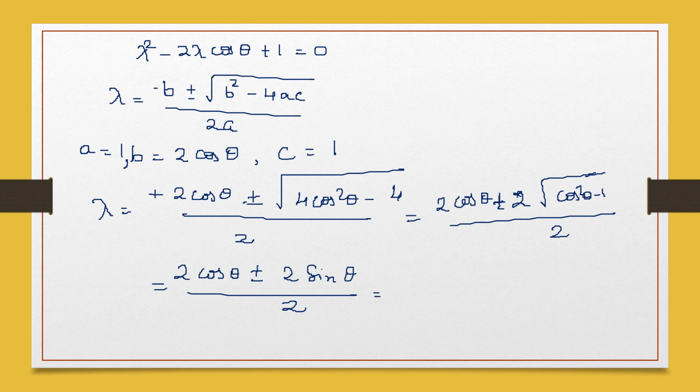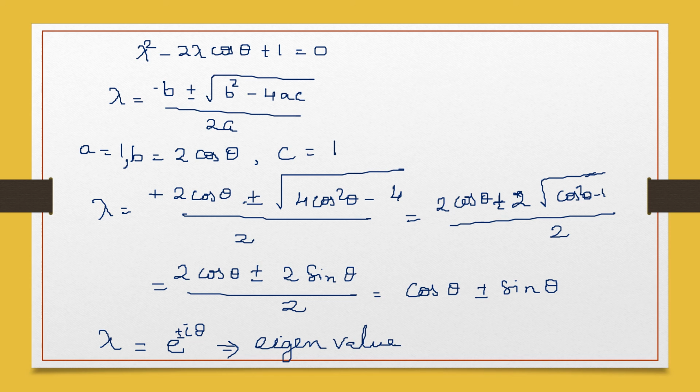So 2 can be taken out and cancelled, and it can be written as cos theta plus or minus i sin theta. This gives the lambda value as e power plus or minus i theta, which is the eigenvalue. Because if we expand this, we will get this answer. So this is the eigenvalue. Okay. Thank you.